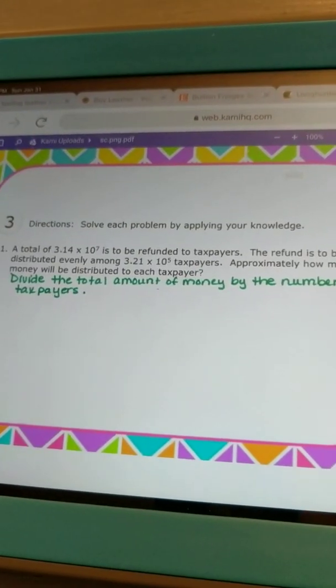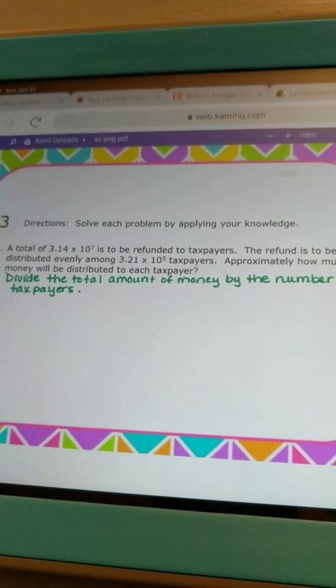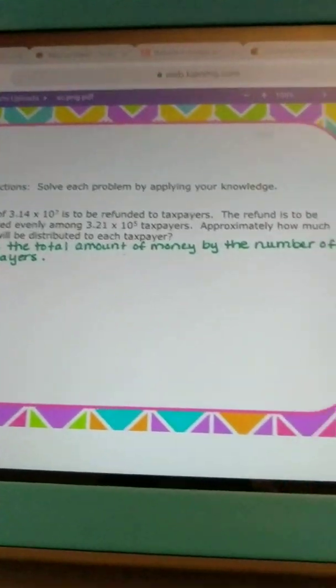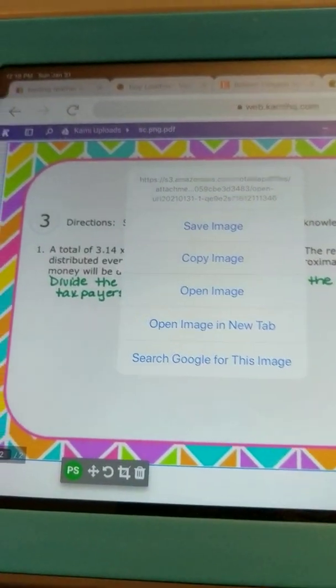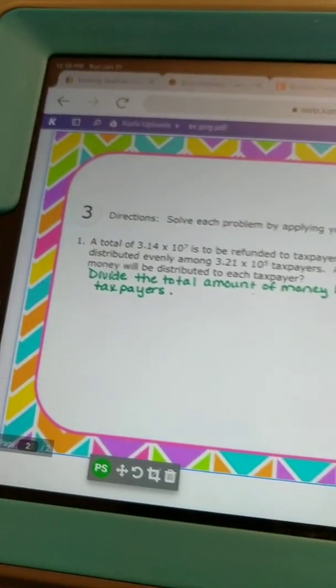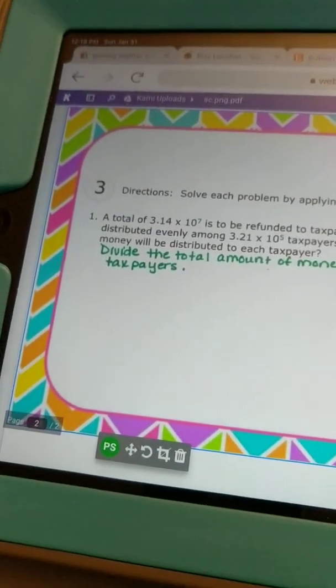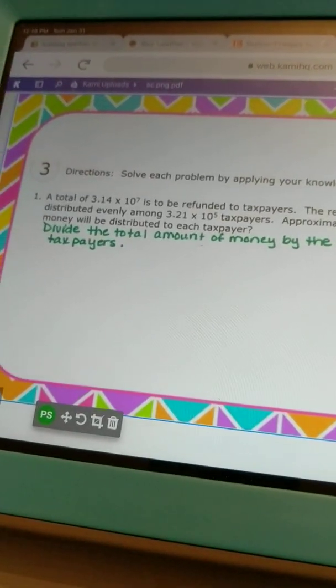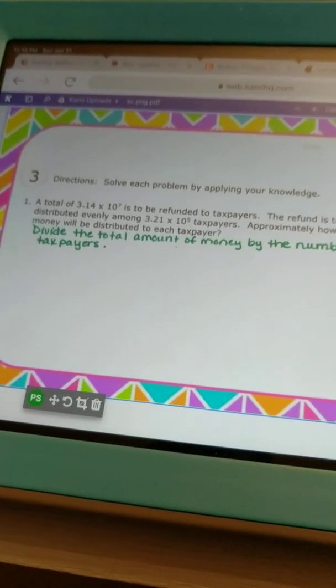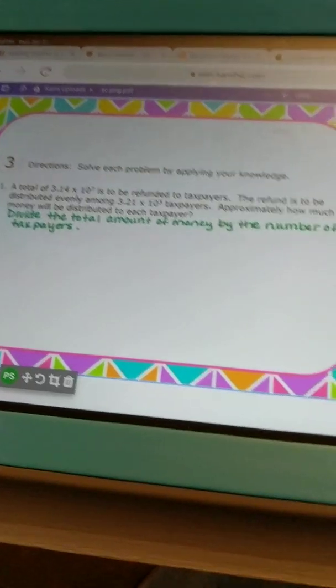Approximately how much money will be distributed to each taxpayer? So since it's given us the total here at the top, and it's also telling us it's going to each taxpayer, anytime that you see it's going to each one, that lets you know you're going to divide. Okay, so it tells us to divide the total amount of money by the number of taxpayers.